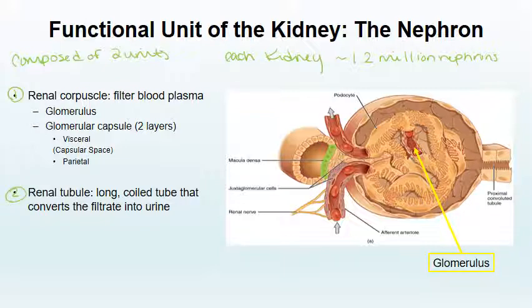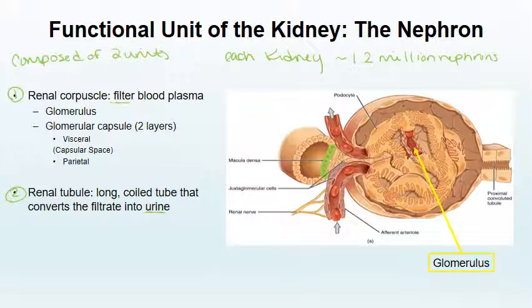The renal corpuscle is the part of the nephron that is involved in filtering, whereas the renal tubule is producing urine. So the renal corpuscle is filtering the blood, making a filtrate at that point. The renal tubule takes the filtrate from the renal corpuscle and puts it through a series of processes that converts it into urine.